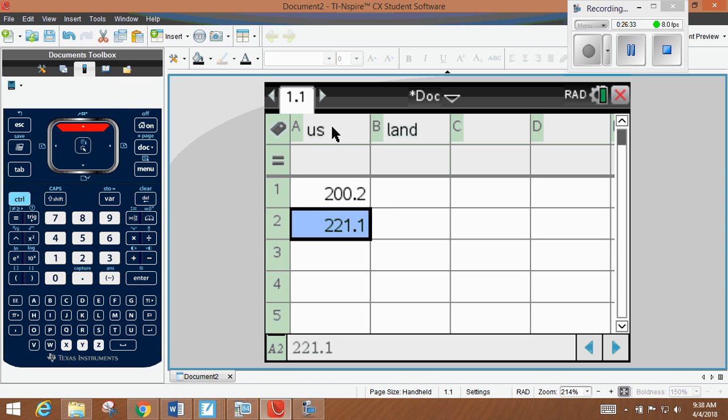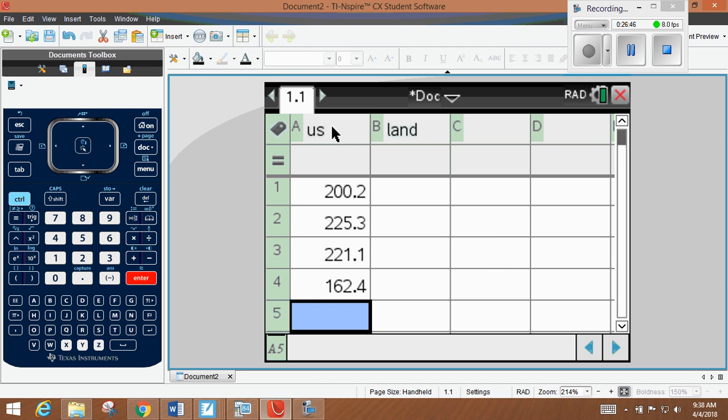Next one is 225.3. Next one is 221.1. You guys have these probably written on your paper, so it's probably a little bit easier to enter. I'm having to look back. It's a little weird. And 238.9. Okay. So there are all of our expected.